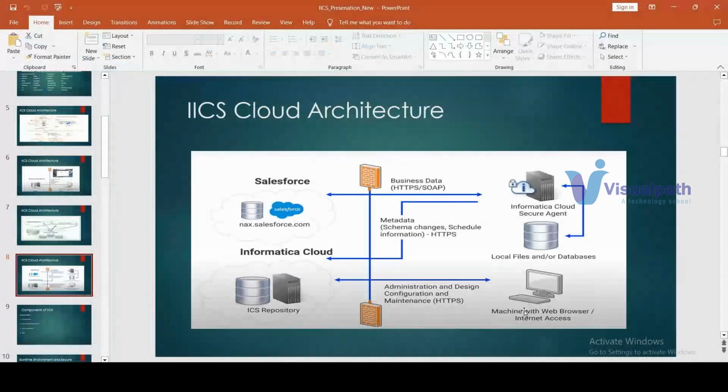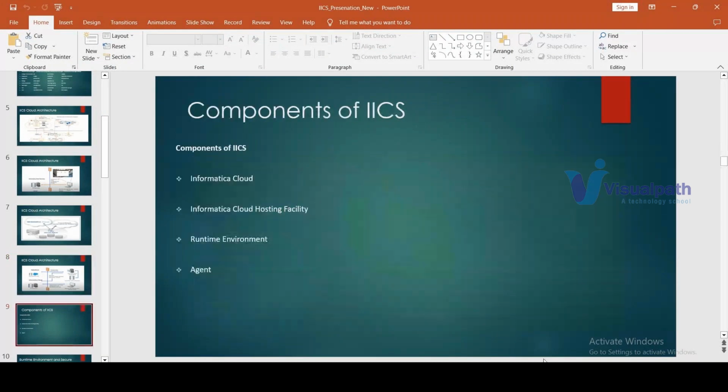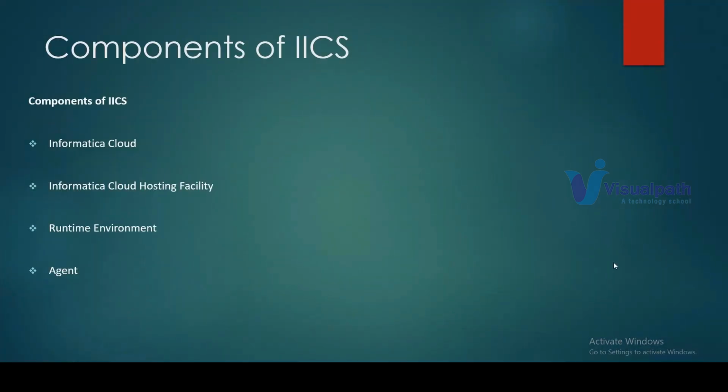Okay, I'll move on. On the next slide, we're going to discuss the components of IICS. We have Informatica Cloud, the Informatica Cloud hosting facility, and the runtime environment and agent. These are the different components that you get to hear a lot.